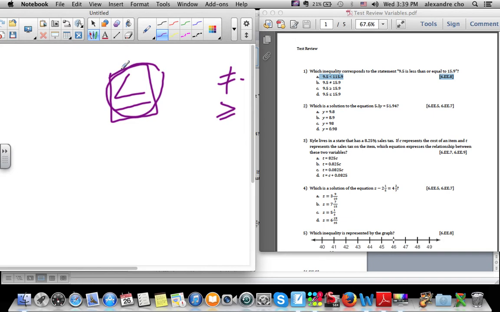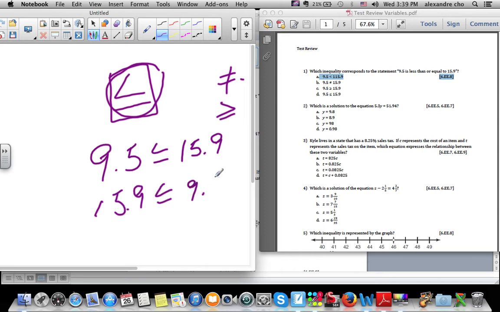Now, if you had another multiple choice that had the same thing, then you would actually have to read the problem and make sure the numbers matched up. Let's say choice D is 9.5 is less than or equal to 15.9. And if they had made another choice like letter E, and they wrote 15.9 is less than or equal to 9.5, then between these two you have to choose which one corresponds to the statement 9.5 is less than or equal to 15.9, which by the way is this one.